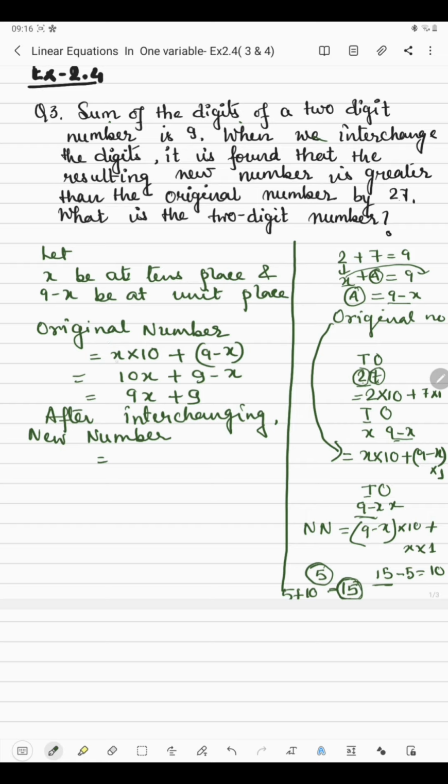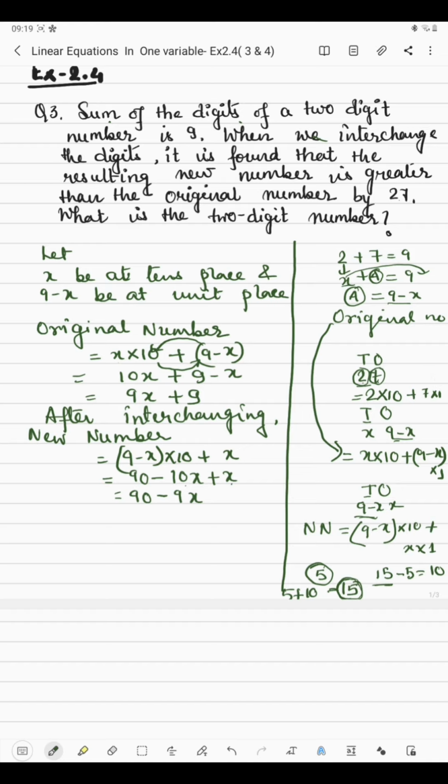We just interchange the numbers like this. So the new number will be 9 minus x multiplied by 10, plus x multiplied by 1. 10 multiplied by 9 is 90, minus 10x, plus x. Here 90 will remain the same, and minus 10x plus x gives minus 9x. So the new number will become 90 minus 9x.